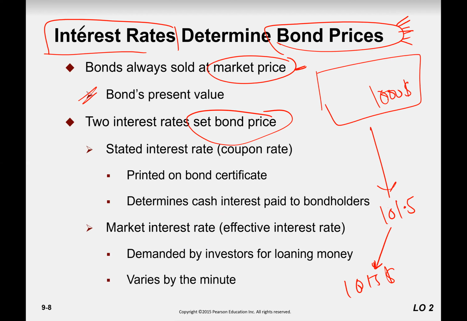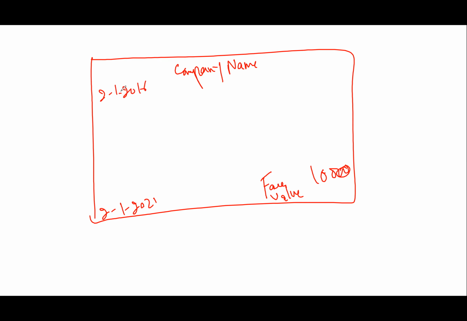Okay. So we discussed that the characteristics of the bond are the face value, which is written 1000, the company name, the maturity date, the issuance date, right? And the interest.